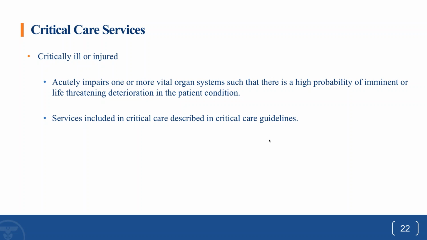But what you're really looking for is that the patient got critical care, and now you're asking, how long did it take? You may just want to write impairs more than one vital organ. It seems like a lot, but when we do the questions, it's going to be a lot easier.